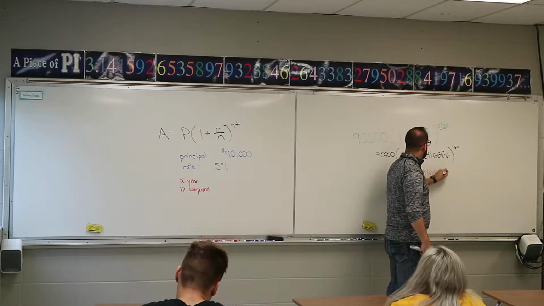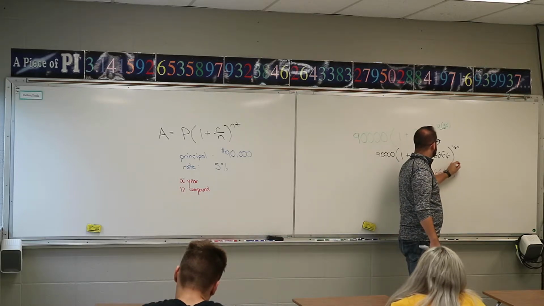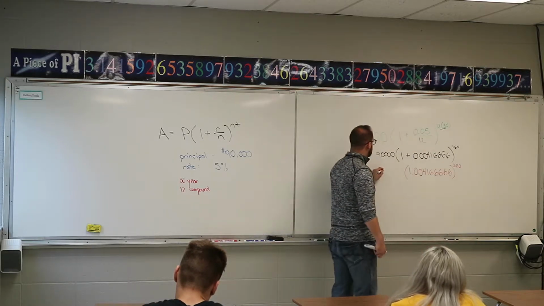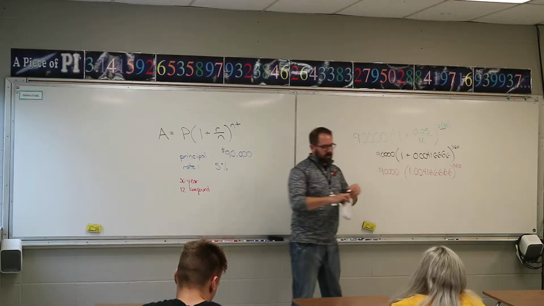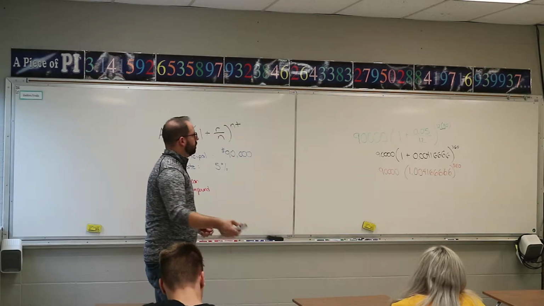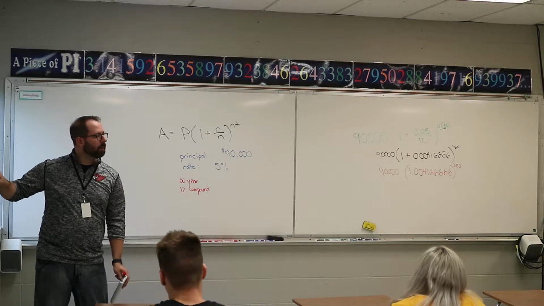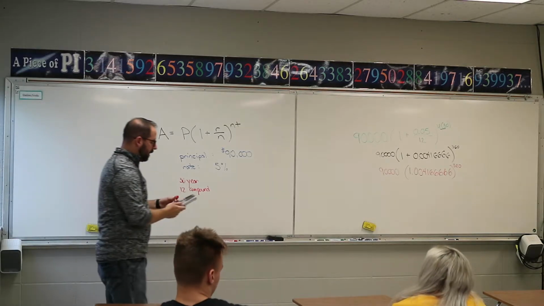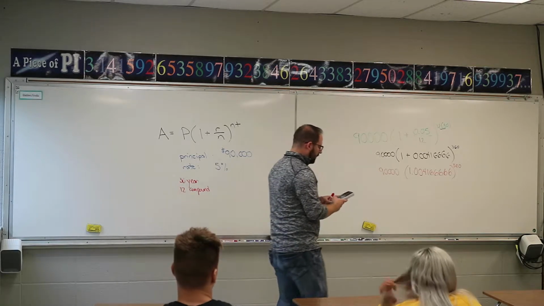And the idea is that now what I'm going to do, with as many decimal places as I can, is put that to the 360th power. Now, to do that power, you have to type in the 1.00416666, and you have to hit the little caret key, the little up arrow key, and then type in 360. So I've already typed my number in. I'm going to put it to the 360.